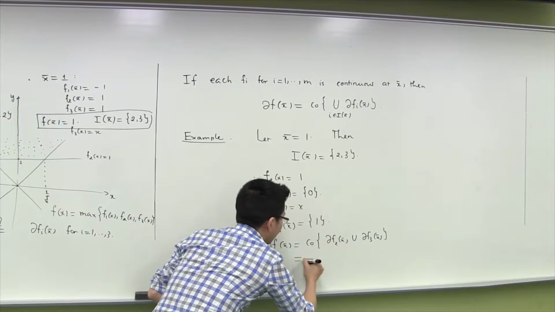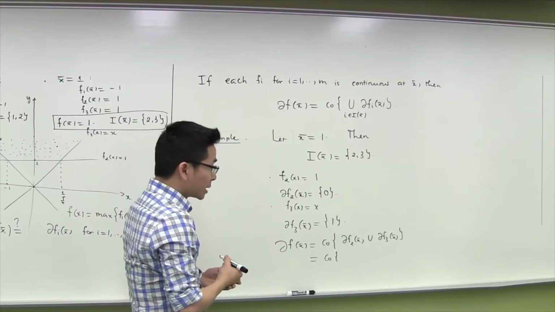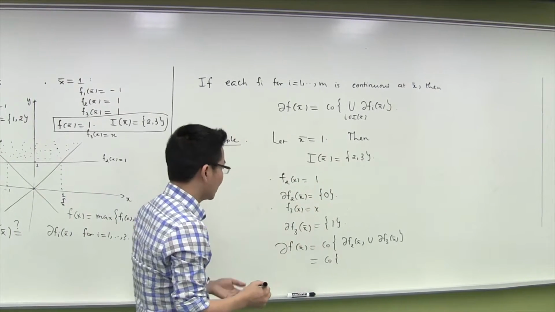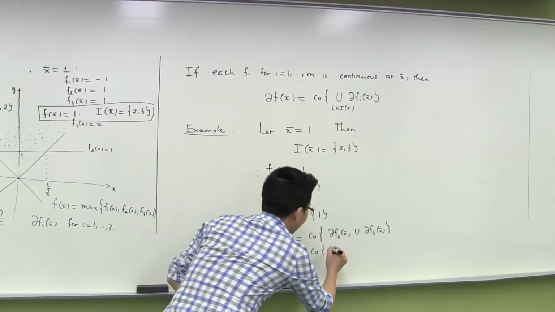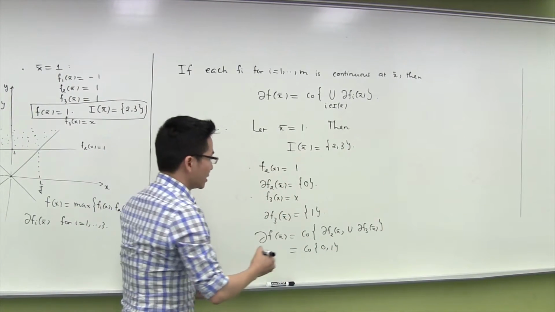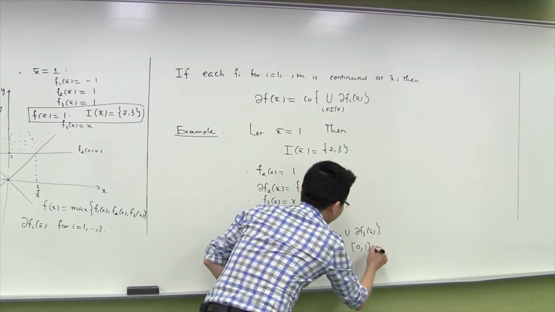So this is just the convex hull of the set that contains, I'm sorry, 0 and 1 in R. So this is just the closed interval [0, 1].